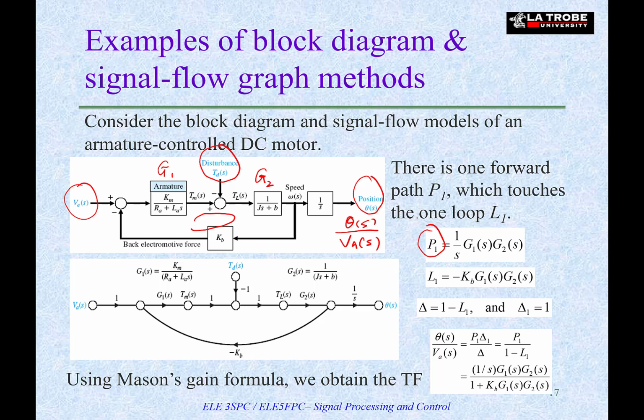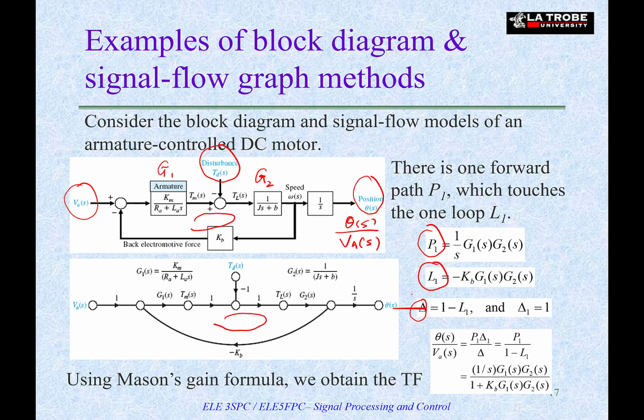And there's only one loop, which is this loop, so we just need to find L1. This is the loop transfer function. Delta is calculated by 1 minus the first bracket, which contains the sum of different loop gains. In this case, we only have one loop, therefore delta is equal to 1 minus L1.